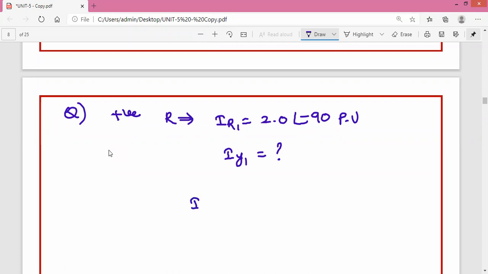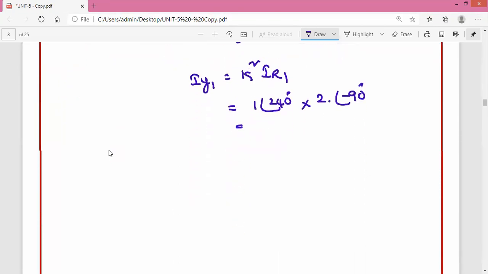So if you know the relation IY1 is equal to k square times IR1. So what is the k square? 1 at an angle of 240, into what is IR1 given? 2 at an angle of minus 90. So if you multiply this, what you will be having here? 1 into 2, it is 2, 2.0 at an angle of 240 minus 90.